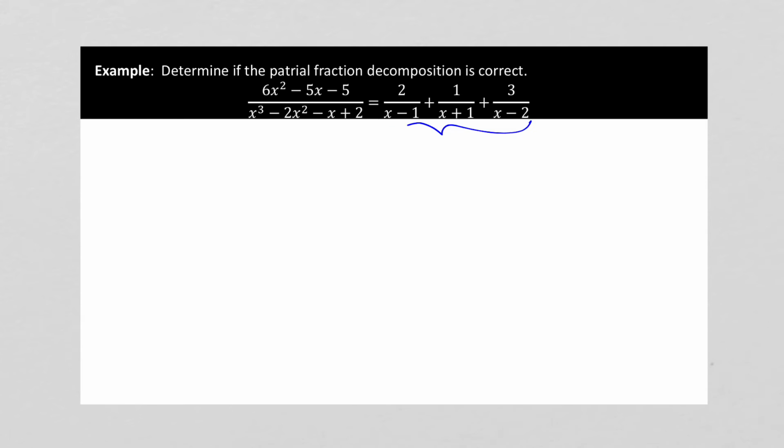So, how would we get a common denominator here? Well, our common denominator would need to be these three factors multiplied, right? So it'd need to be x minus 1 times x plus 1 times x minus 2. With something on the top. We'll figure that out in a minute.